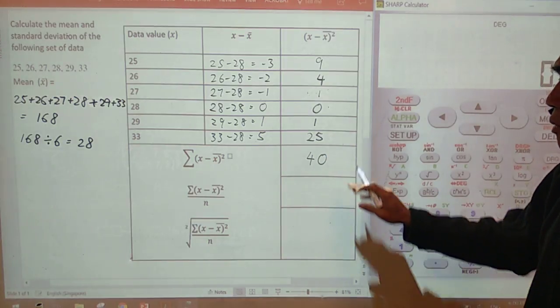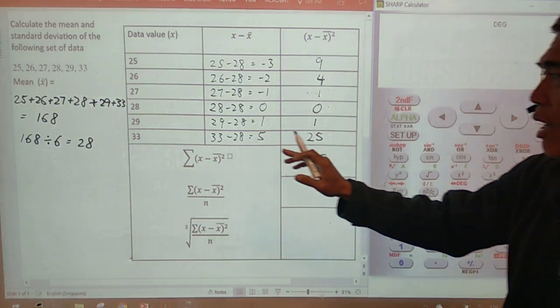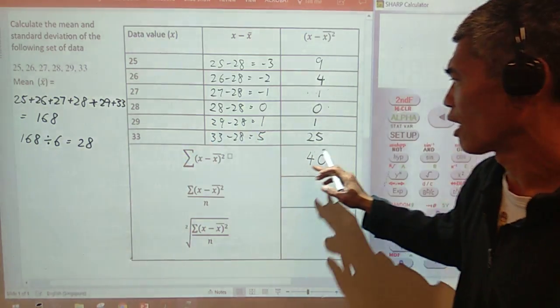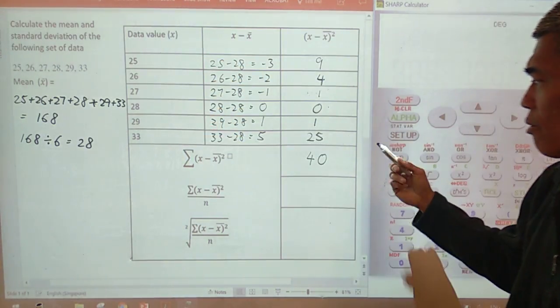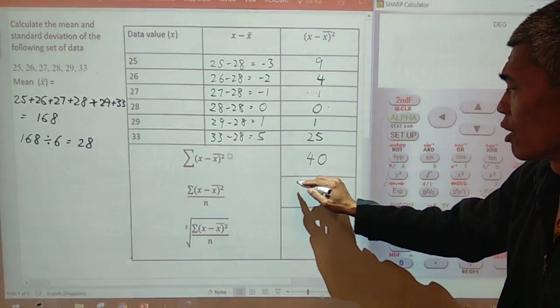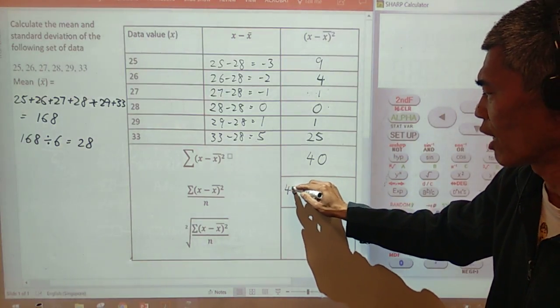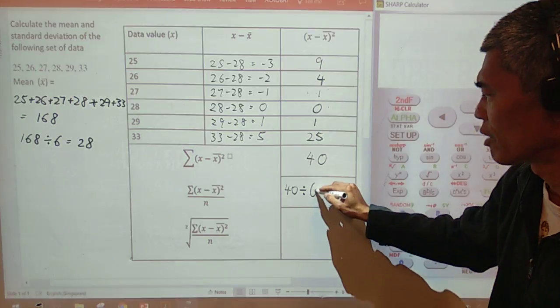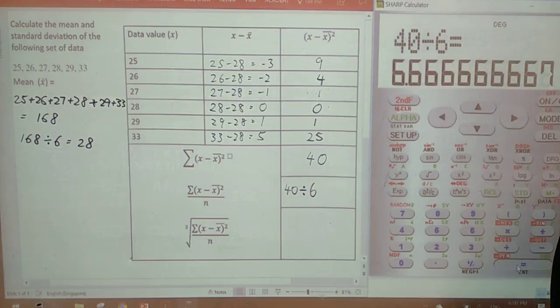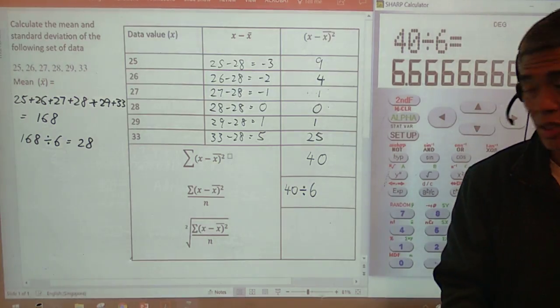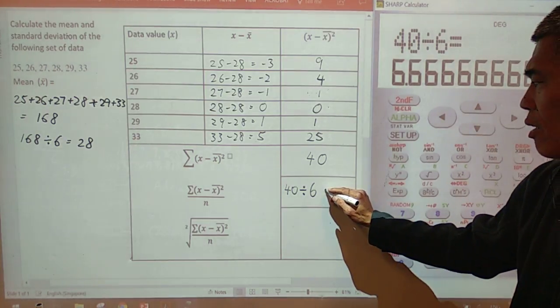Now we're going to divide 40 by the total number of values here, which is 6. That's how we find the average. So 40 divided by 6 gives us 6.67.